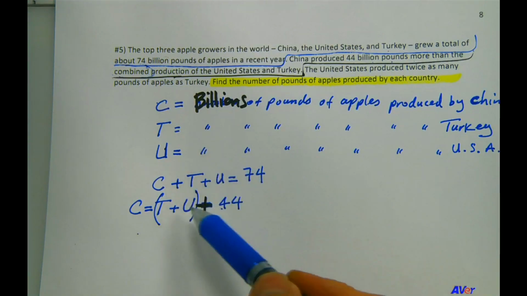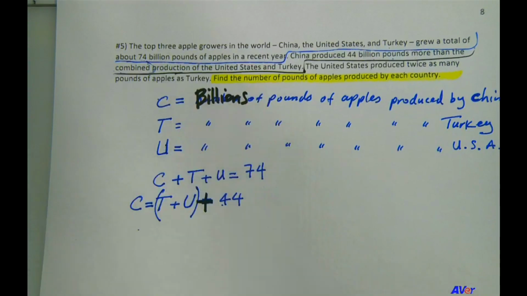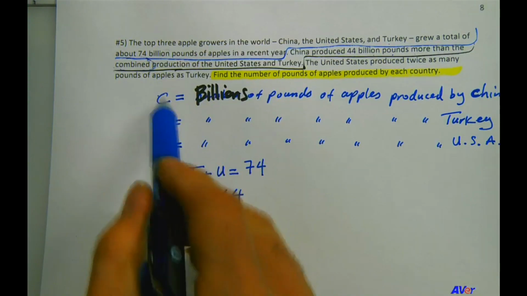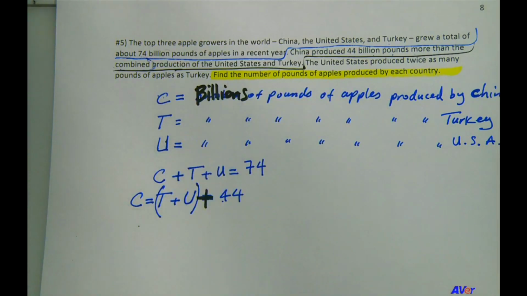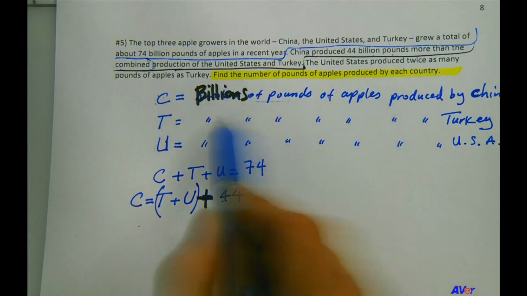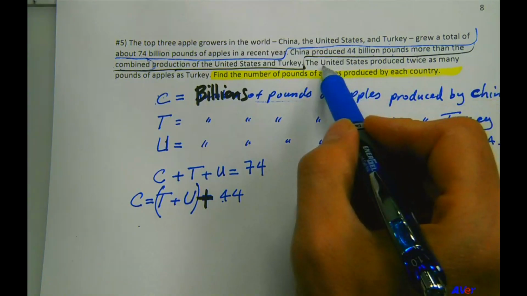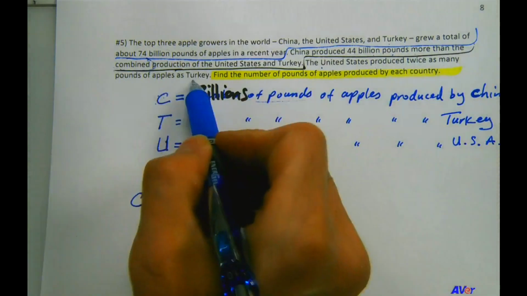Notice we can do all this because we introduced the variables already, right? That's the point of introducing the variables from the get-go. But you need to connect these variables to what you're looking for. Okay? So you need to be able to define them. As you introduce them, you need to be able to define them, as we did. All right. Then they say the United States produced twice as many pounds of apples as Turkey.